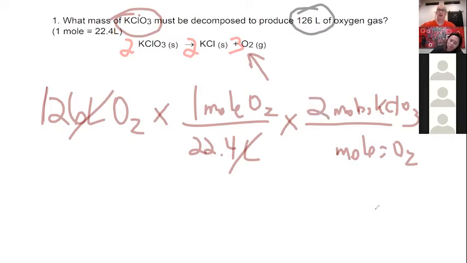So from the balanced reaction, we see that there's 2 moles of reactant for every 3 moles of the oxygen product. So that gets rid of moles of O2. So right now, the only unit we have left is moles of KClO3. So we're almost home. So what's the very last thing we need to multiply that by?